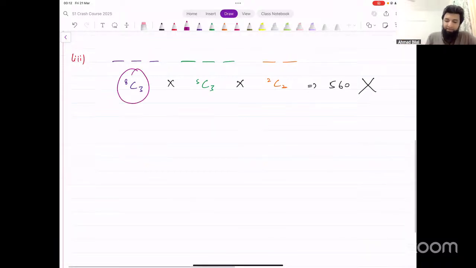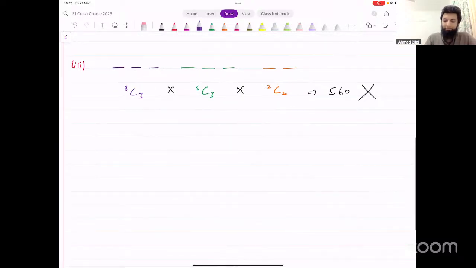When we do 8C3 into 5C3 into 2C2, what we're saying is we are selecting 3 people for the first group, 3 people for the second group, and then 2 people for the third group. Let's take an example.